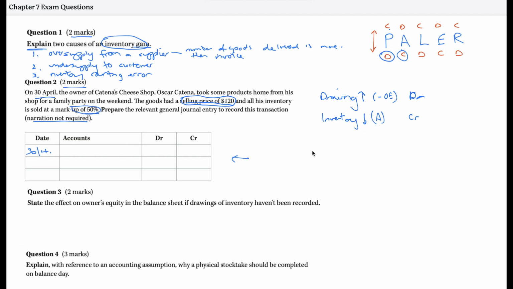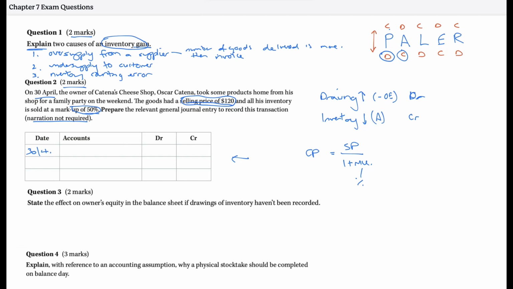We need to work out what was the cost price. So I work it out with a bit of an abbreviated markup system where I know the cost price is going to equal the selling price divided by 1 plus the markup, assuming we're able to turn the markup into a percentage.